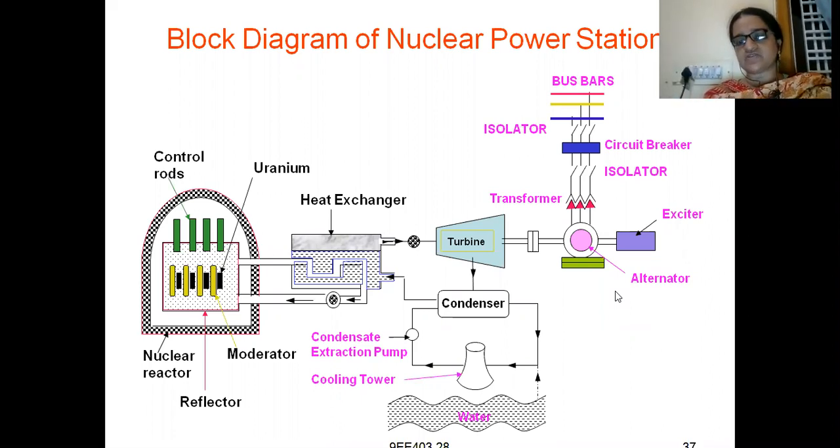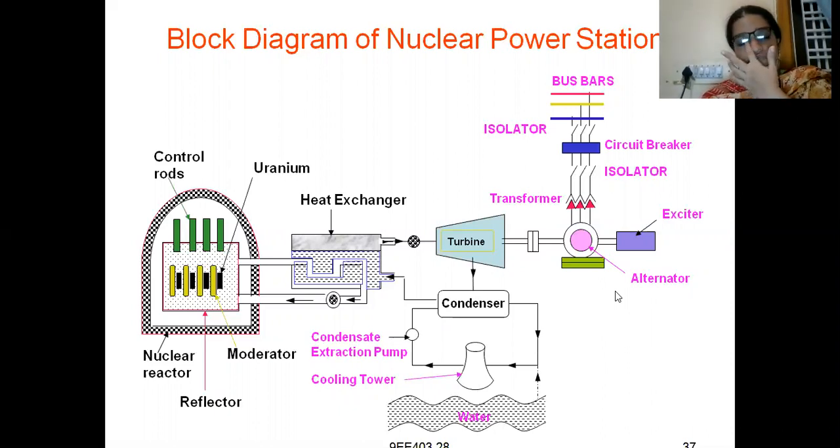As the blades rotate, the thermal energy, which is the input to the turbine, is changed into mechanical energy, which is the movement of the shaft of the turbine, the output of the turbine. And this mechanical energy will be given to the alternator as its input.